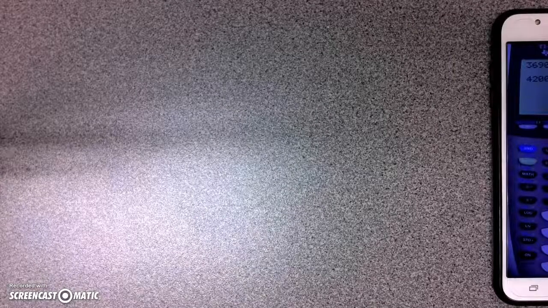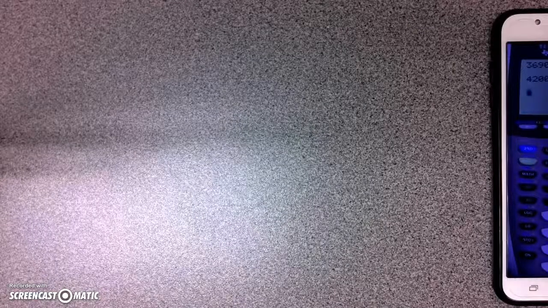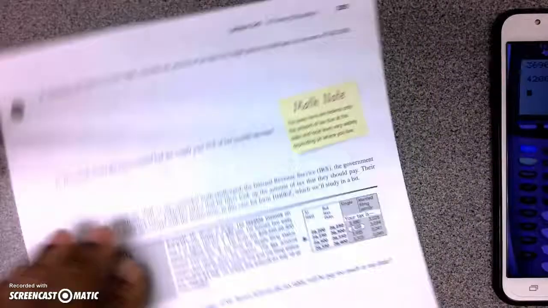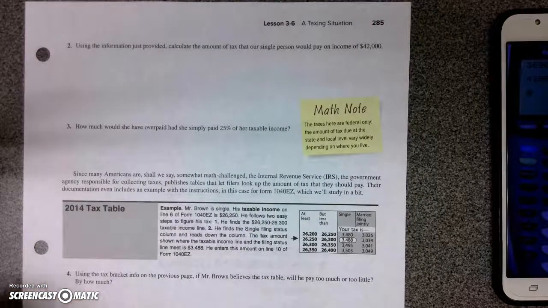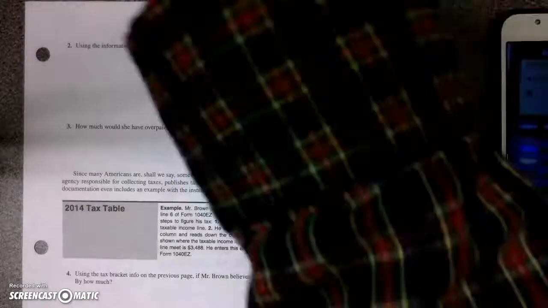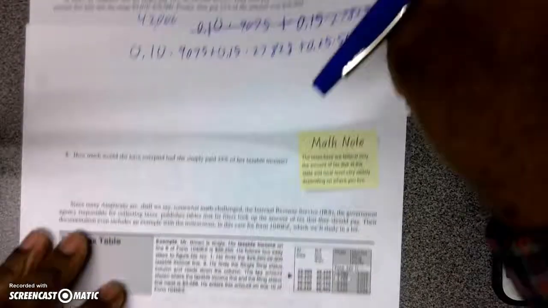So we go here to number 2. It says, using the information just provided, calculate the amount of tax that our single person would pay on income of $42,000. Now this turns out to be great, because we just went over that here.